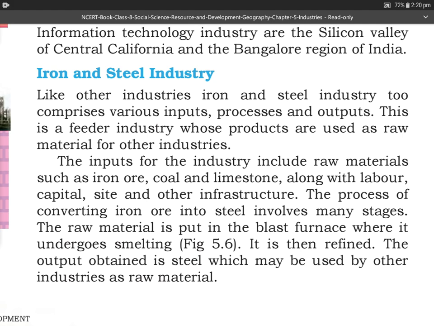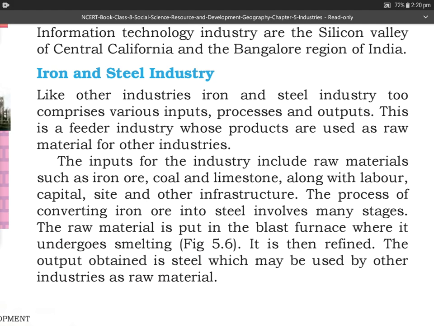This is a feeder industry. Underline this, it is a very important term. I have already explained in the previous class the meaning of feeder industries. I am repeating again. Feeder industries means the output of iron and steel industries can be raw material, an input, for other industries. Here it is given, this is a feeder industry whose products are used as raw material for other industries.